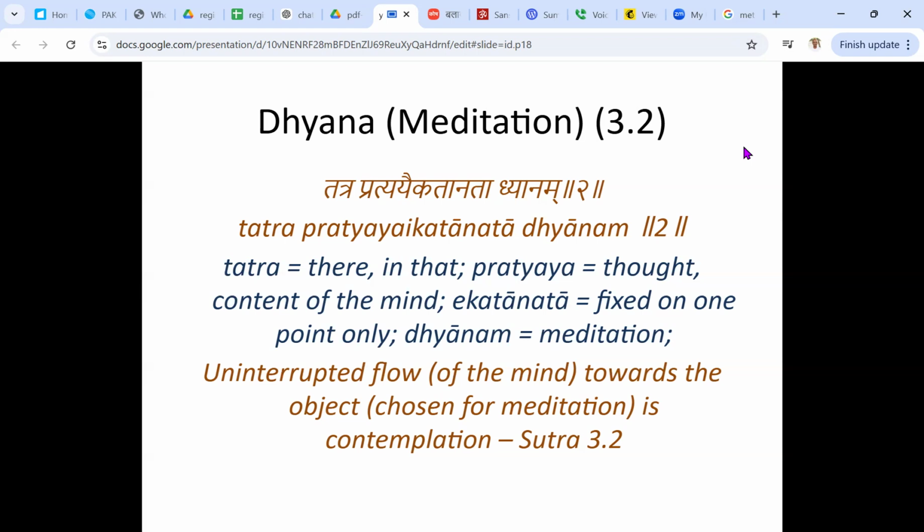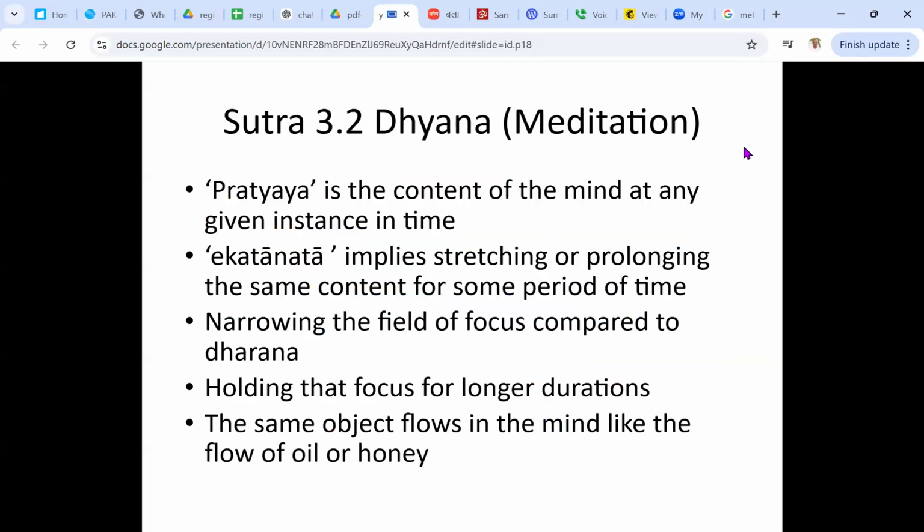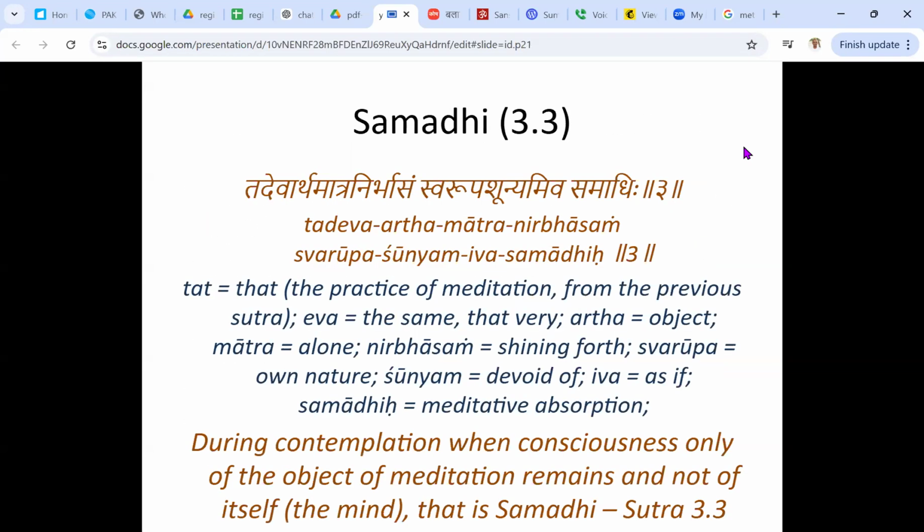Since you mentioned that, let me take you to the very next sutra here, and you will understand what you're saying. This is the state of samadhi. In this sutra, Tadeva Arthamatra Nirbhasam Swarupa Shunyam Iva Samadhi. Swarupa means your own form, your own essence.